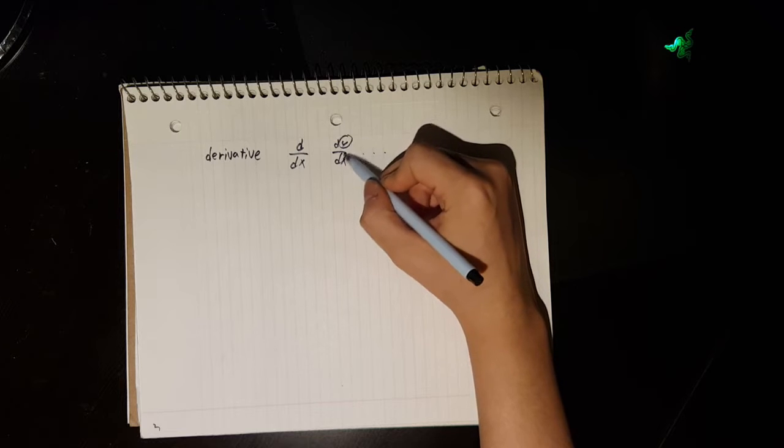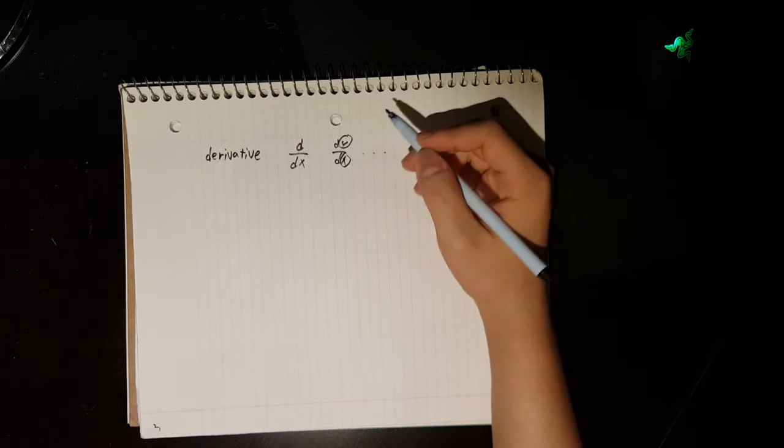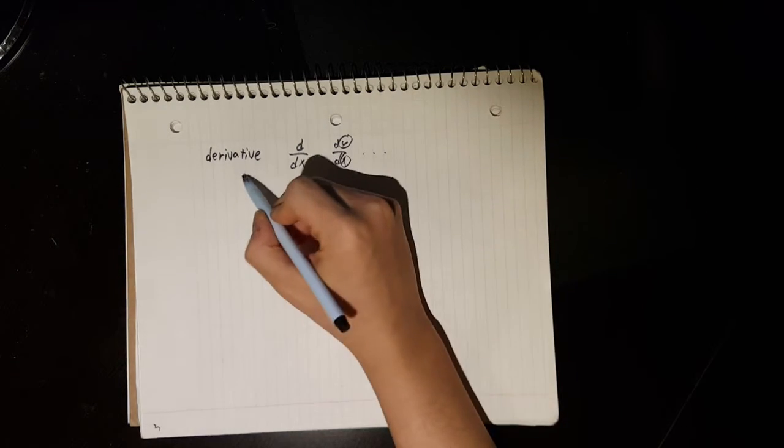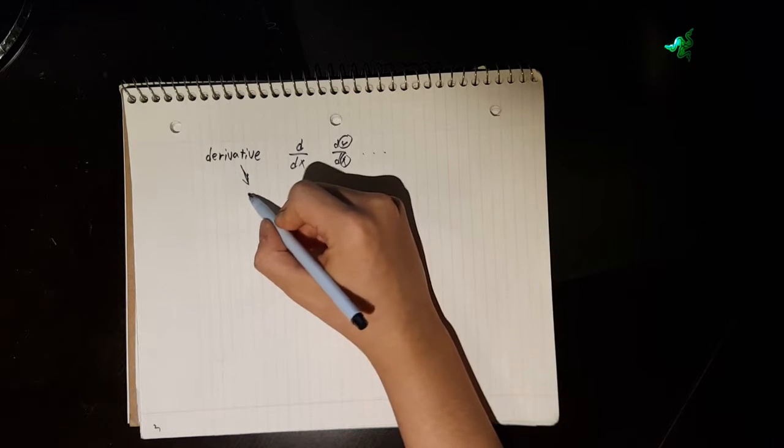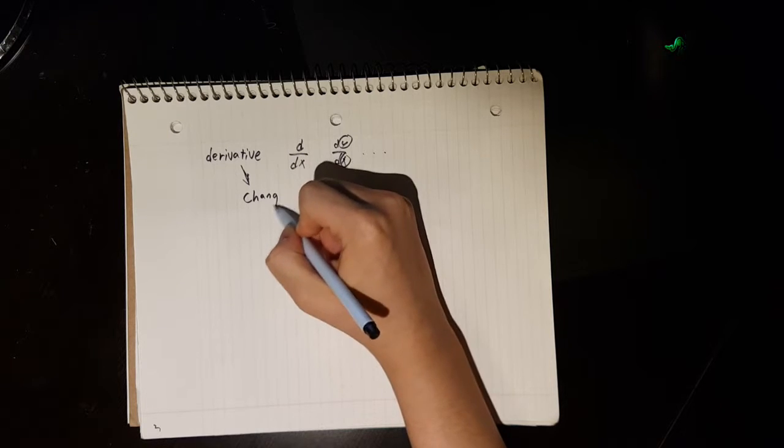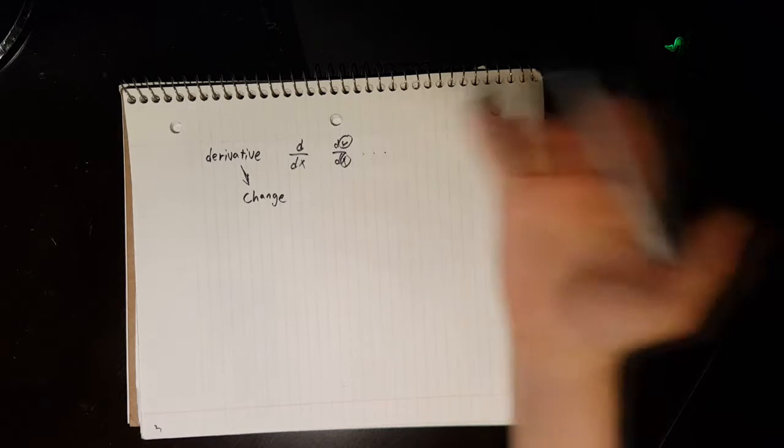The main thing is the d just represents a change, and a derivative you can think of as a change, or the rate of change.